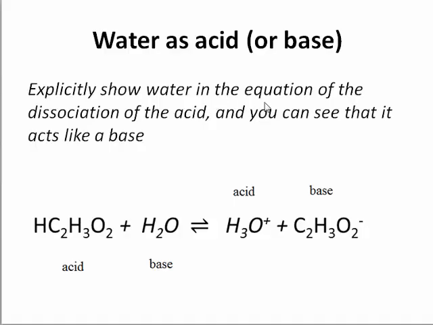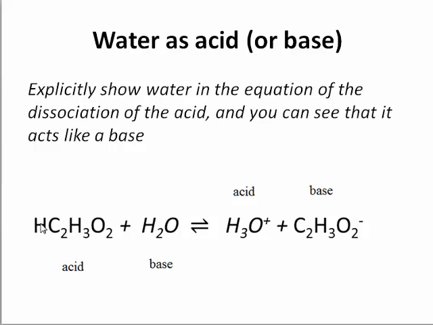If you explicitly show water in the equation of the dissociation of an acid, you can see that it acts like a base. In other words, let's write the reaction of acetic acid so that it shows hydronium and not H+. And then you have to add a water to the left-hand side.